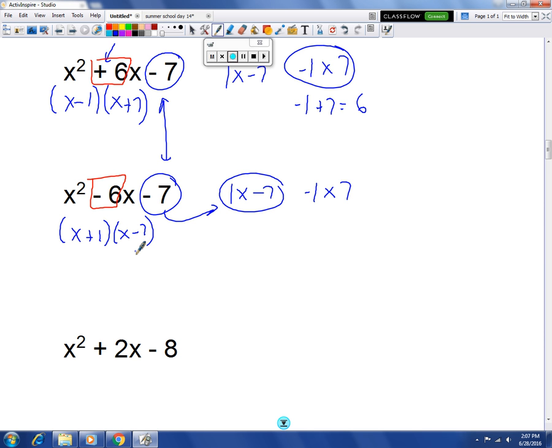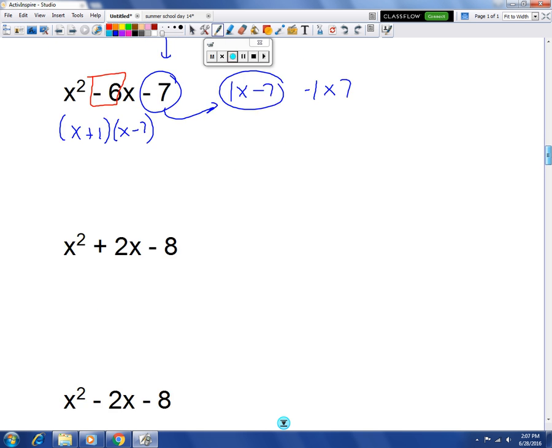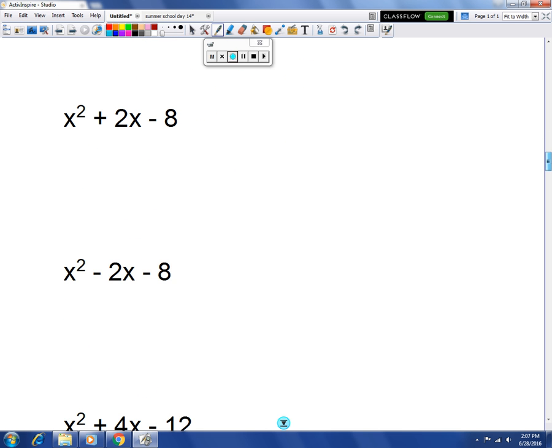Let's make it a little more complicated. Let's give you something other than a prime number. When I'm factoring, we're always looking at the last number first. I'm always going back to this last number. Eventually we'll practice somewhere where we could have something other than a 1 there, but these are the simplest ones where my leading coefficient is 1.